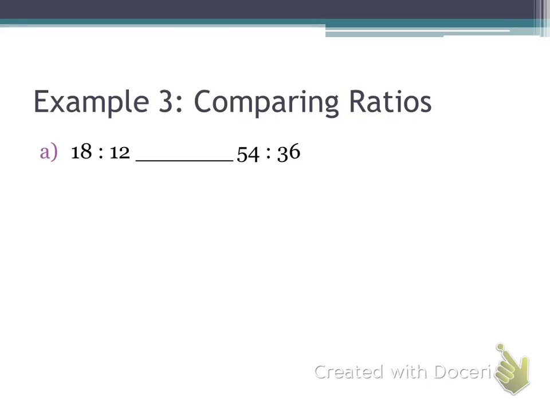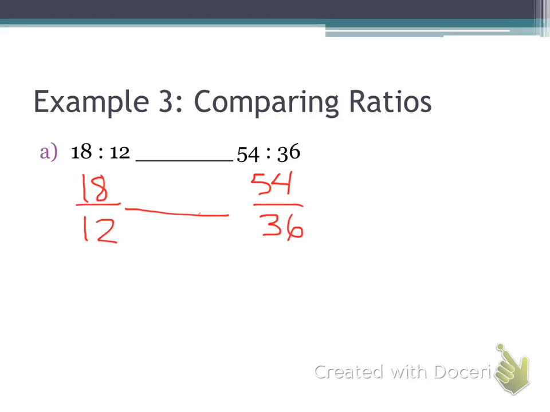But we are going to write these ratios as fractions, and then we're going to convert them to decimals. So, how do I write 18 to 12 as a ratio? 18 over 12. How do I write 54 to 36 as a fraction? 54 over 36.